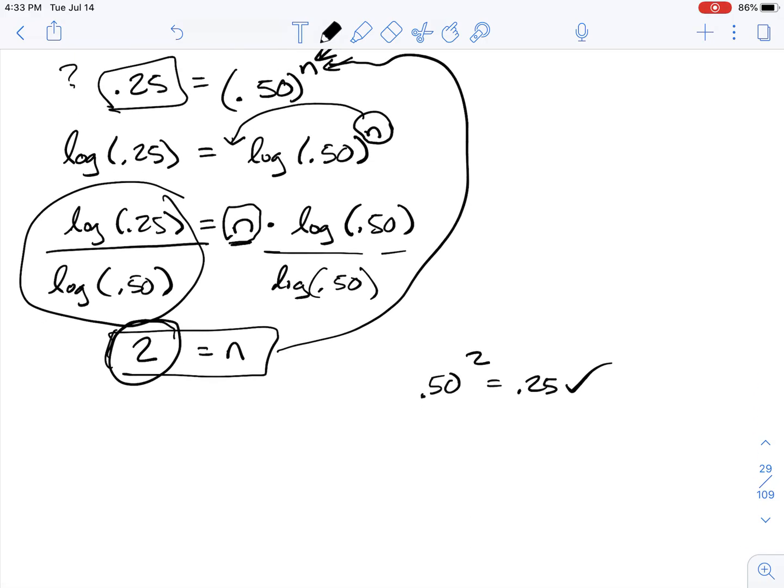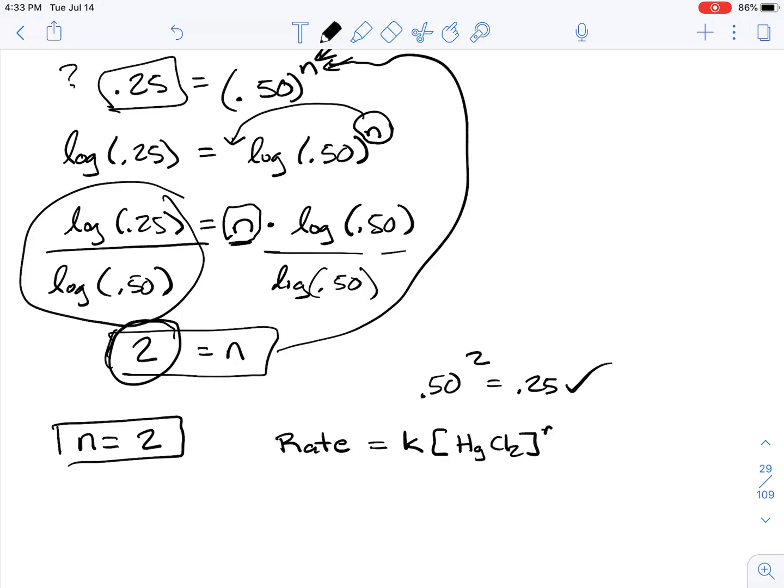And so by performing this technique, we just now determined one of the orders of a reaction, which is n. So n is equal to 2. And so we can go ahead and update our rate law such that the rate of this reaction is equal to rate constant K times the concentration of HgCl2 raised to the m power.